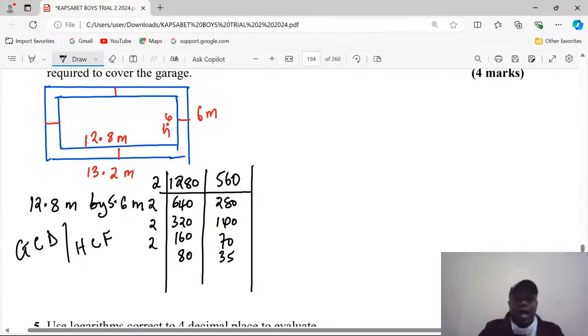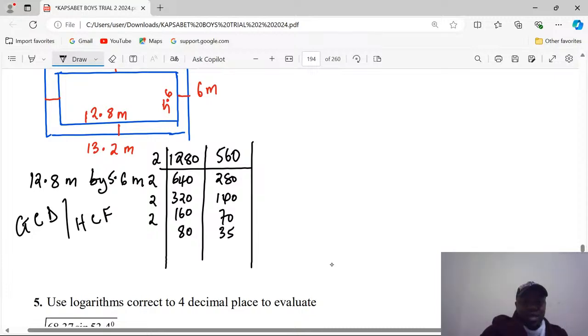2 cannot divide both sides any longer, and so we can look for the next prime factor which will be able to divide. This is nothing else than 5. So 5 will divide 80 to give us 16, and 35 to give us 7.